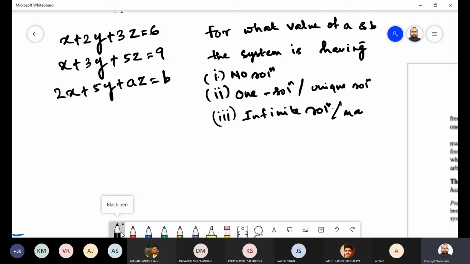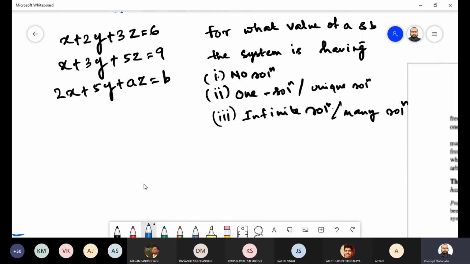So x plus 2y plus 3z is 6, x plus 3y plus 5z is 9, 2x plus 5y plus az equal to b. Now you see. What is the first task?